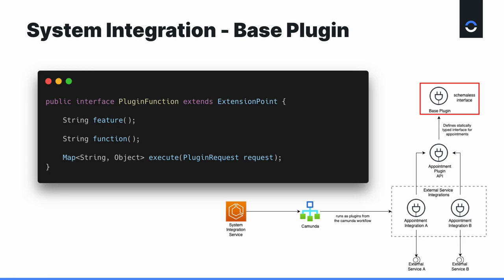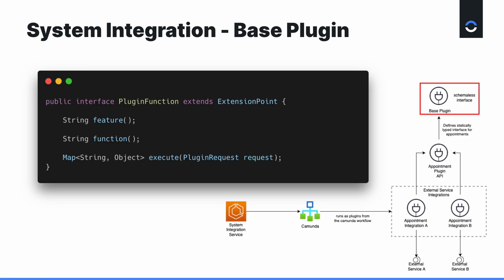So for example, in feature we can have a name like our appointment integration service A. Here we can also find the name of the target fiber operator, something like zero appointment or opener appointment. And execute, this is just the implementation of our function.